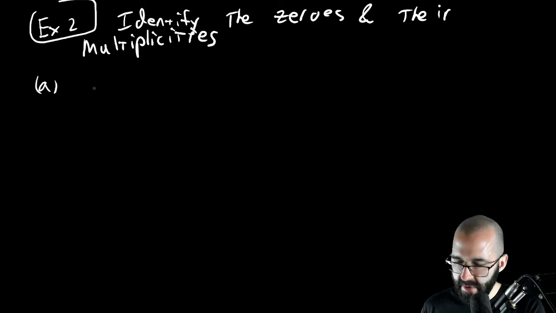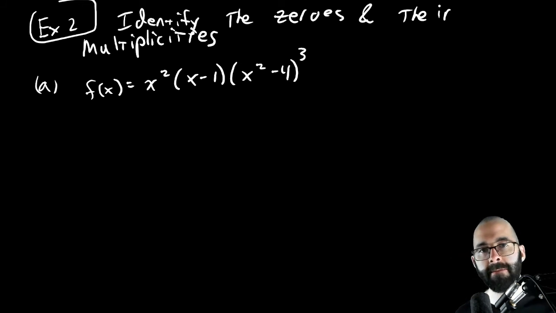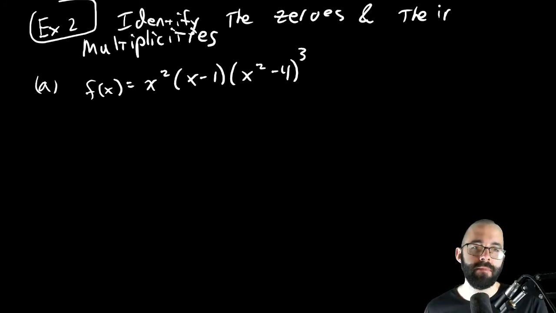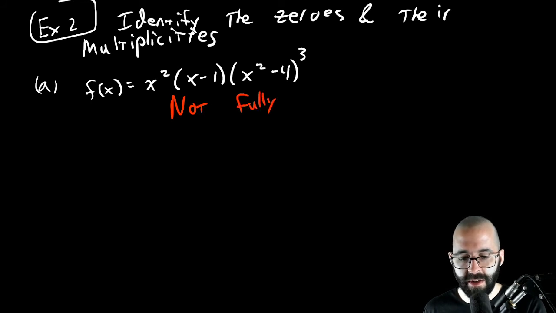Part A. F of x equals x squared times x minus 1 times x squared minus 4 cubed. Be very careful on this one. It has to be fully factored. If it's not fully factored, we can't really say much. So watch out. This is not fully factored. Oh no.